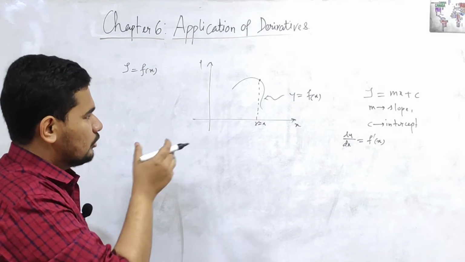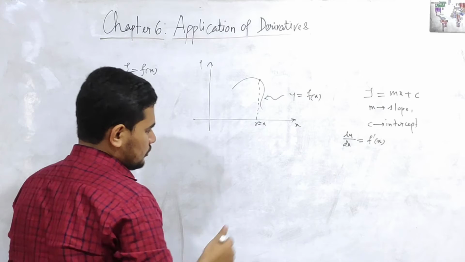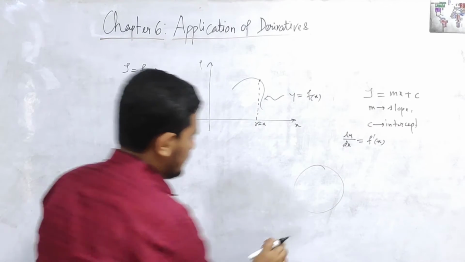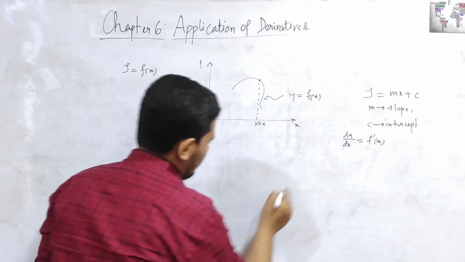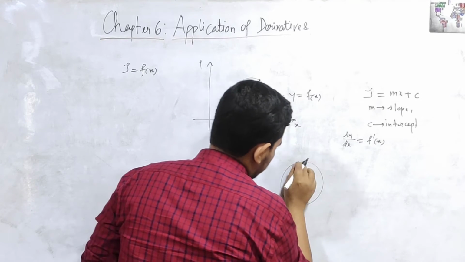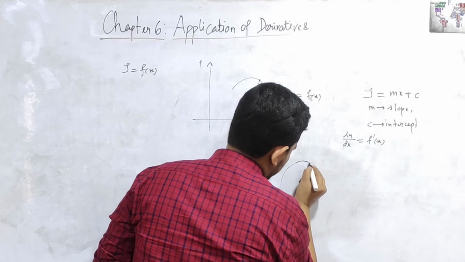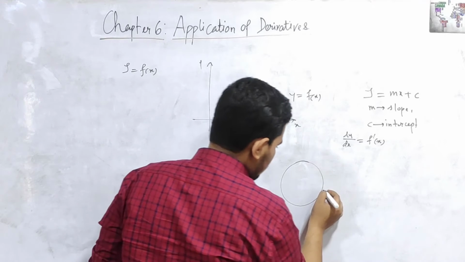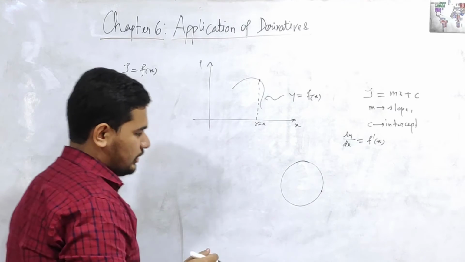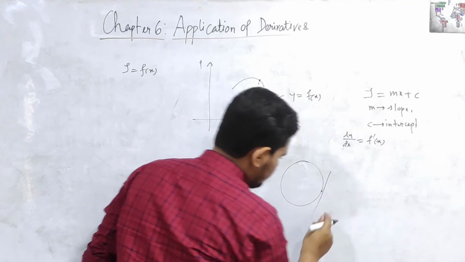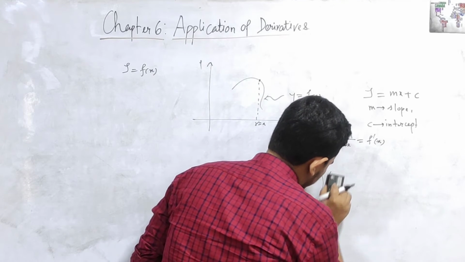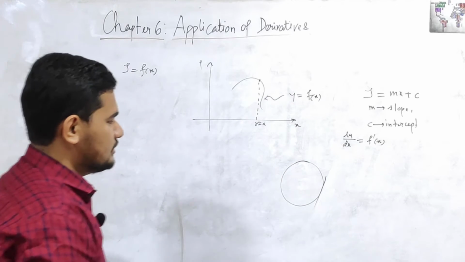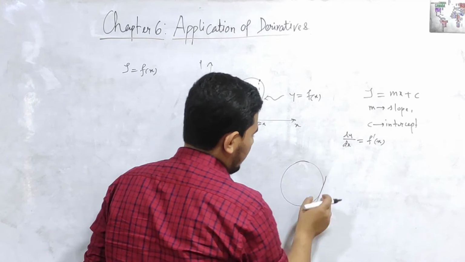Now how to draw a tangent at any point? Let's suppose this is a circle. To find out the tangent at any point on this circle, pick a point and draw a line such that it cuts the circle at only one point.